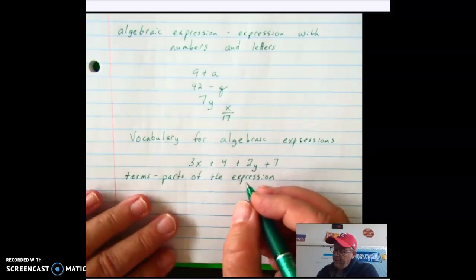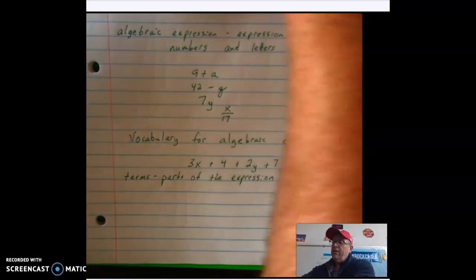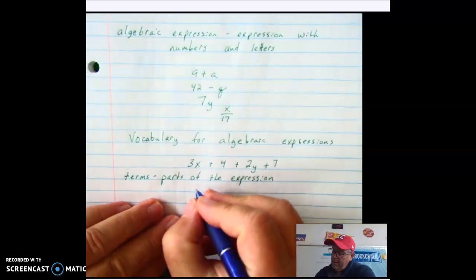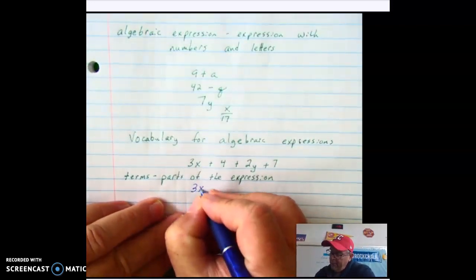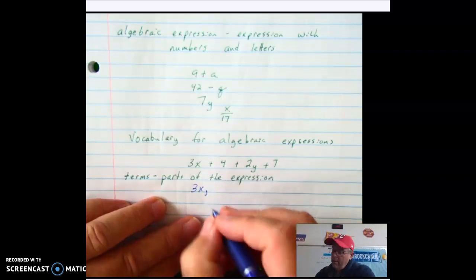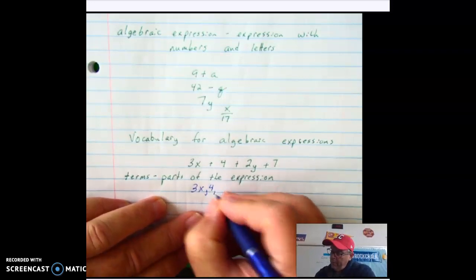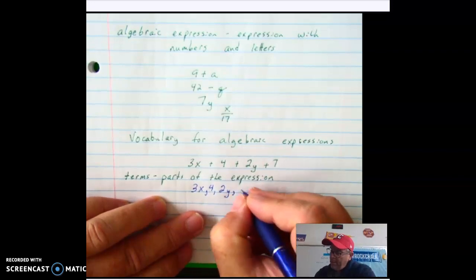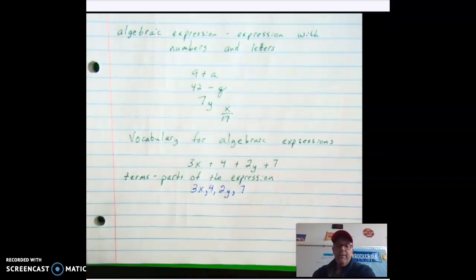So the pieces of this expression, let's change color, would be 3x, comma, 4, comma, 2y, comma, and 7. So those are my parts of the expression.